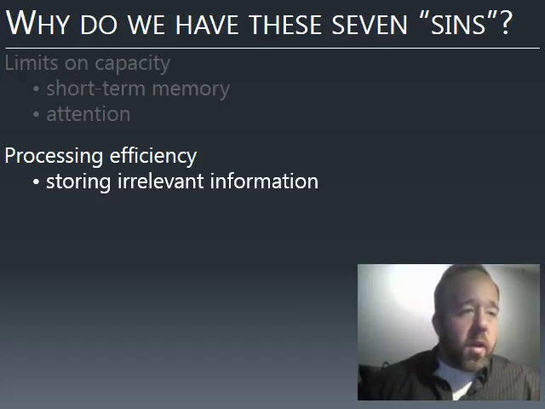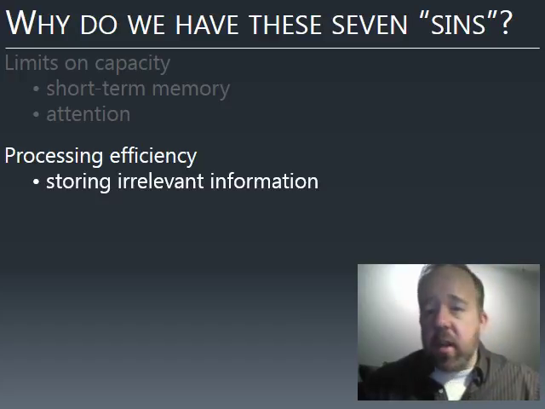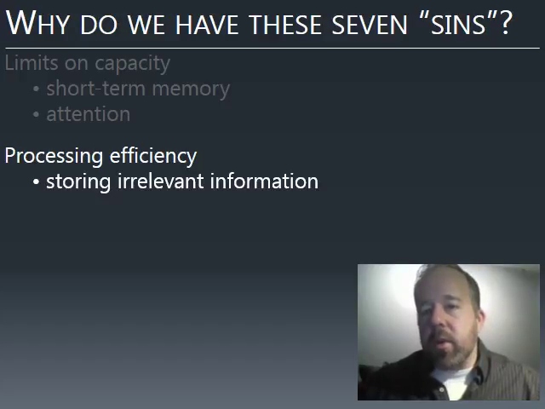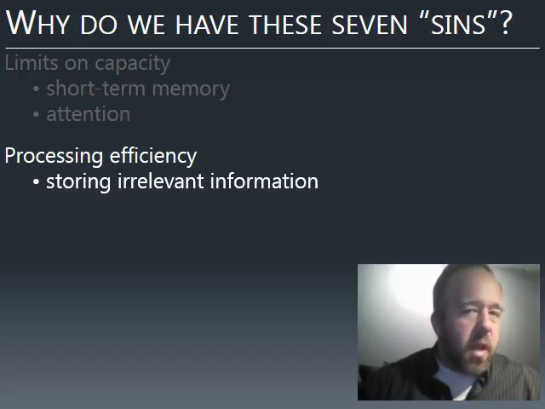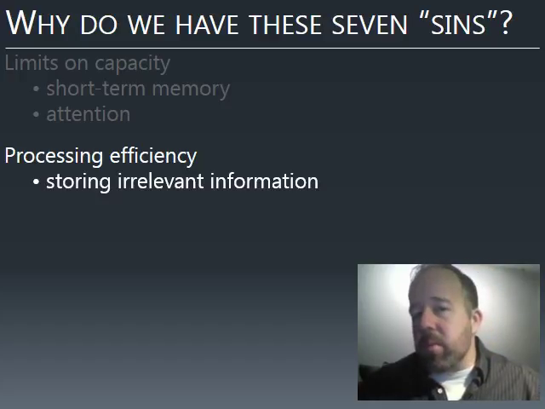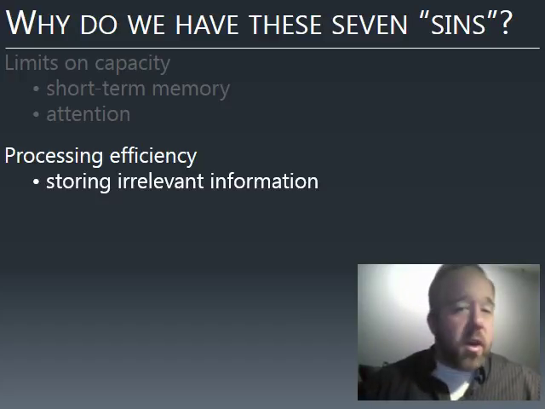But storing, processing that information in the first place, selecting all of it to store, the energy it takes to change synapses in order to store all the information, these things all cost time, cost energy. And so your brain selects what information is likely relevant and needs to be stored and what doesn't. Storing everything would be really inefficient. So some of these errors are the result of an evolutionary tendency not to waste a lot of energy and resources.